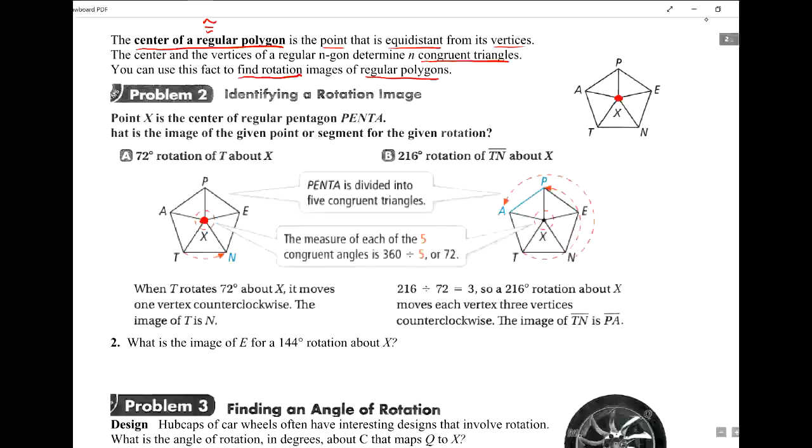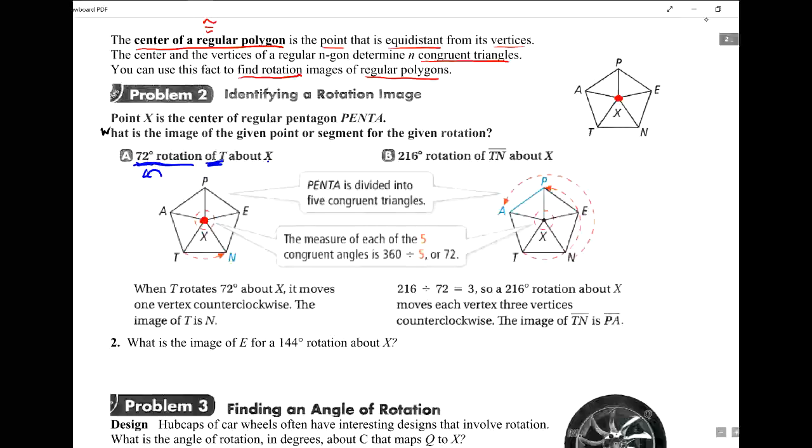What is the image of the given point or segment for the given rotation? So we want a 72-degree rotation. Remember, we're going counterclockwise. Let's draw a little arrow there. Remind myself of T. That means we're rotating T about X.